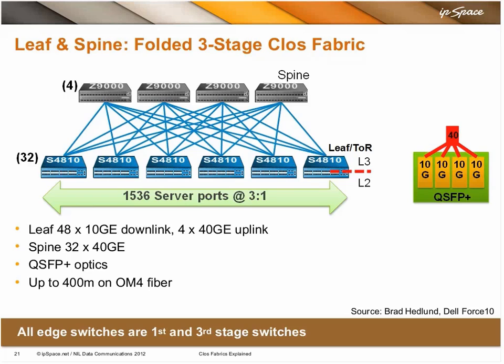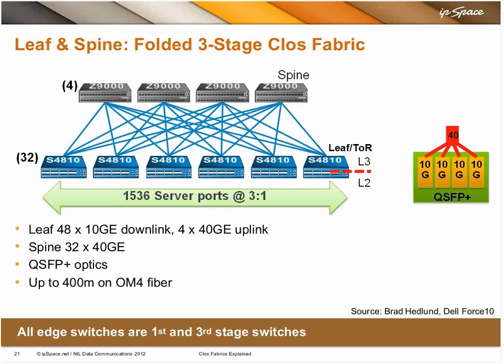That 160 gig of bandwidth could be provisioned in one of two ways. In the way that we're showing here, it is 4 links of 40 gig Ethernet to get 160 gig of uplink and my 3-to-1 oversubscription.